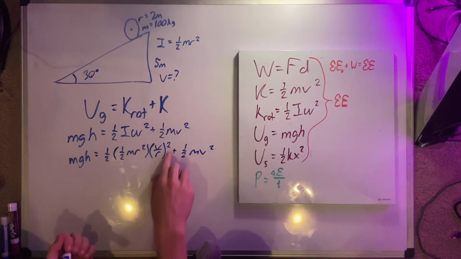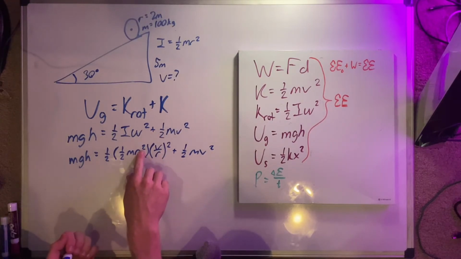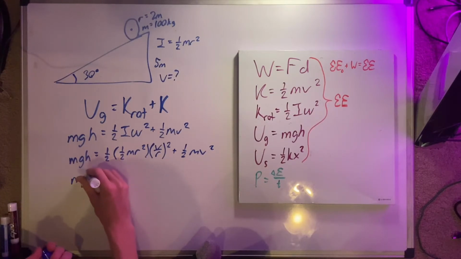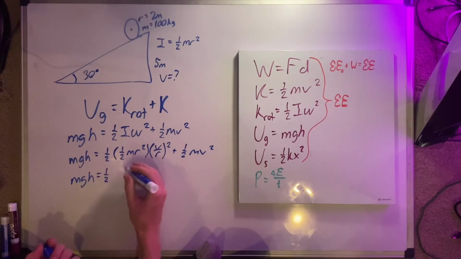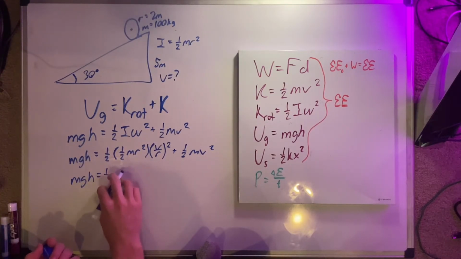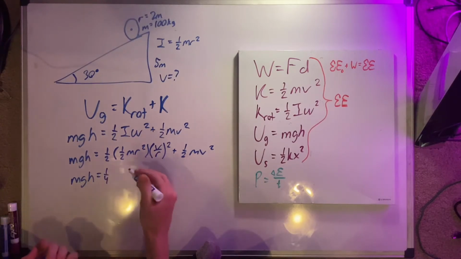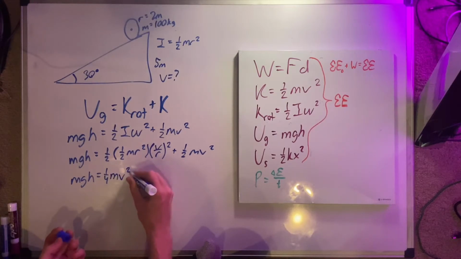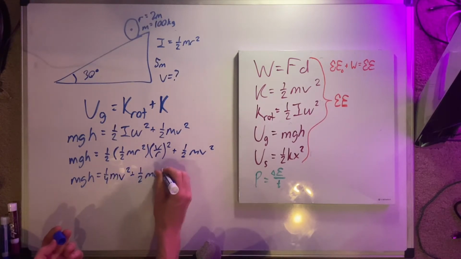You'll notice that this means we're having radius squared divided by radius squared, so they will both cancel out. mgh is equal to 1/4, not half, because 1/2 times 1/2, m, the two r squareds cancel out, mv squared plus 1/2 mv squared.